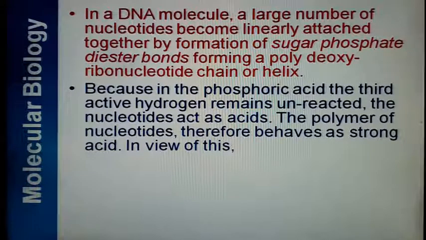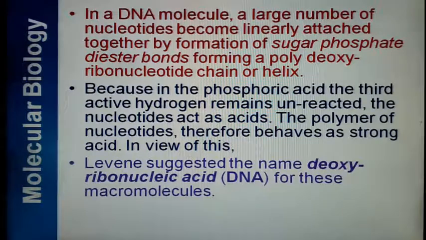In this chain, every nucleotide has one unreacted hydrogen, the active hydrogen, and therefore each nucleotide acts as a monobasic acid. The large number of nucleotides in a DNA chain makes it strongly acidic, and therefore Levene suggested the name deoxyribonucleic acid.